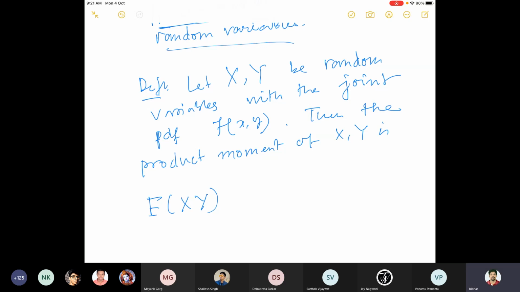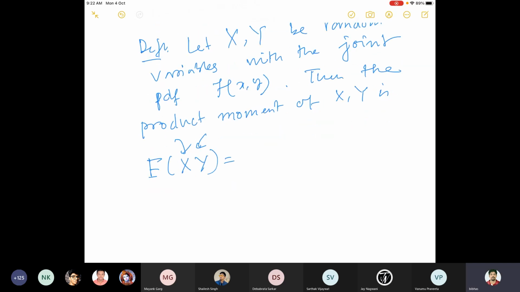Like we talked about weight and height, here, let's say for the case of Legos, if it is a square two-dimensional Lego, then we can talk about the lengths of both sides. Then it is the product of those values, and this is what is called the product moment.